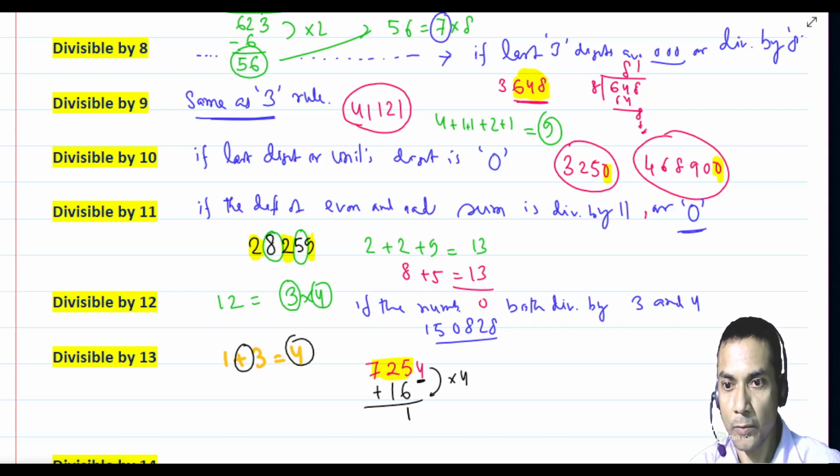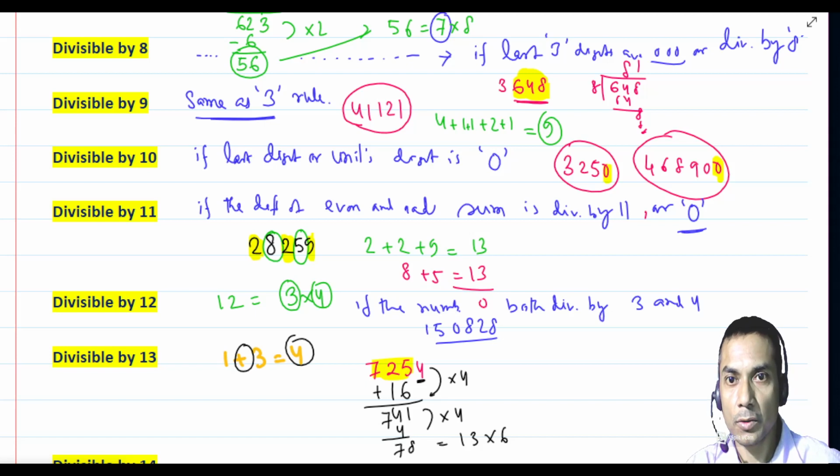So you get 741. Again you repeat this, multiply the last digit by 4. Here you get 4, so 78. And 78 is 13 into 6.